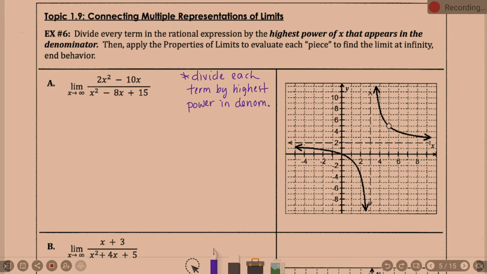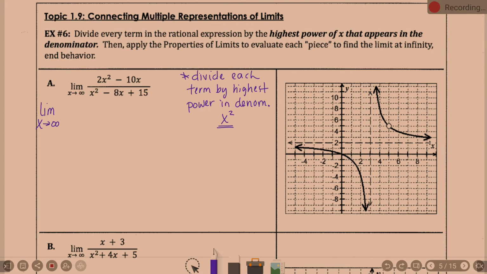Now, I'm going to write out a bunch of stuff. Okay? And you're just going to kind of deal right now. Because you're going to complain, I know, but you're going to survive. The limit as x approaches infinity. What is the largest power in the denominator? X squared. Yes? So that means 2 terms on top, 3 terms on bottom. We're going to divide them all by x squared.